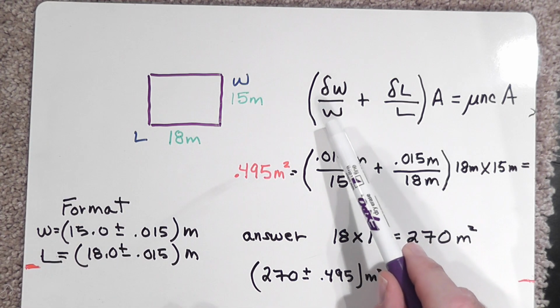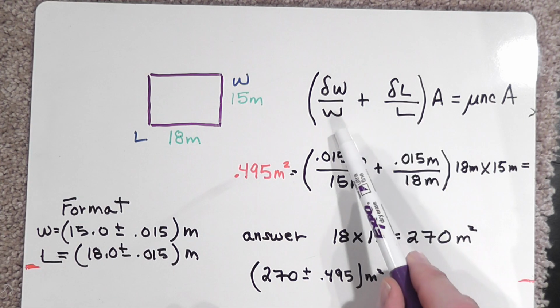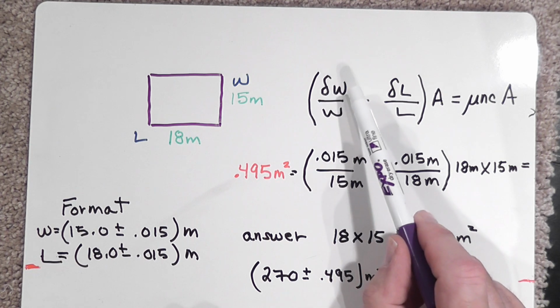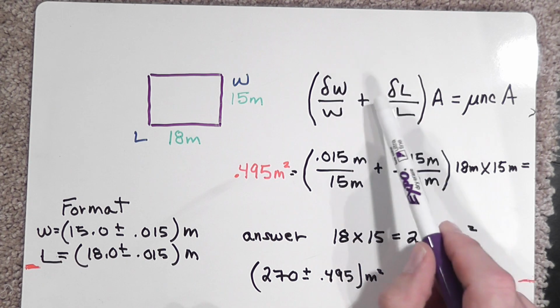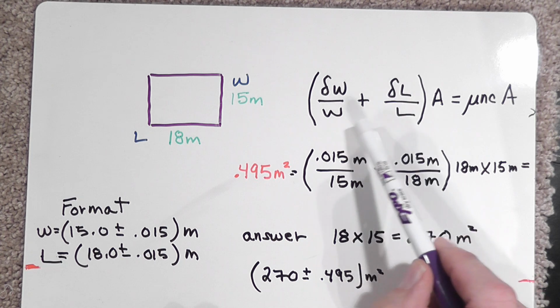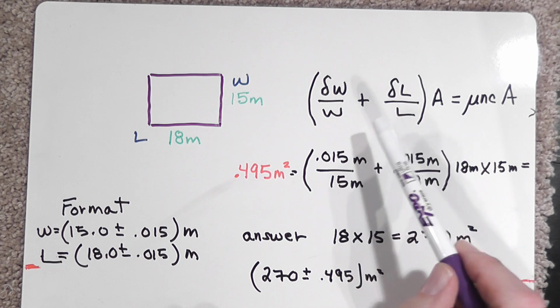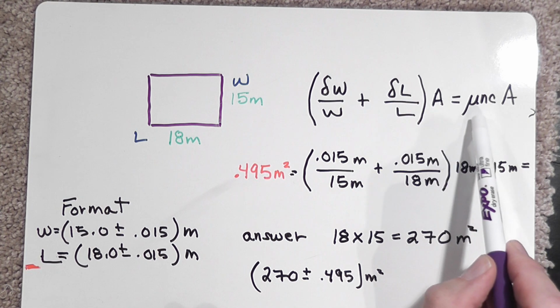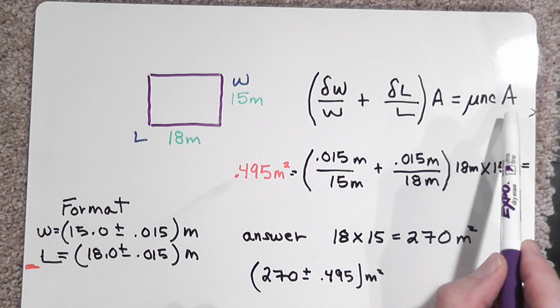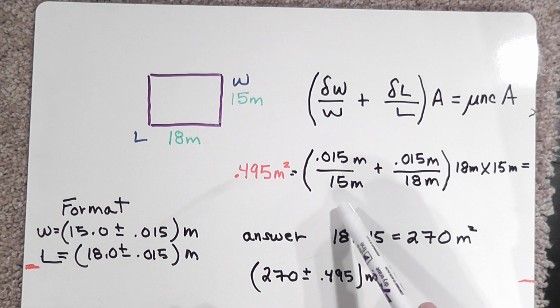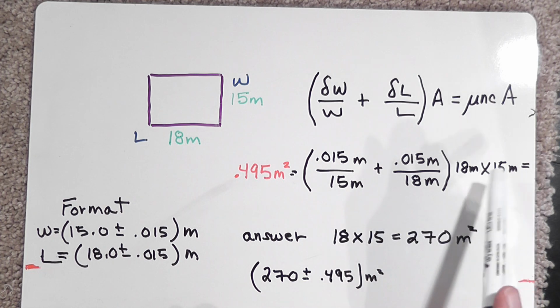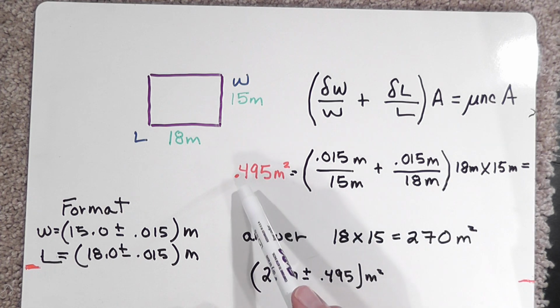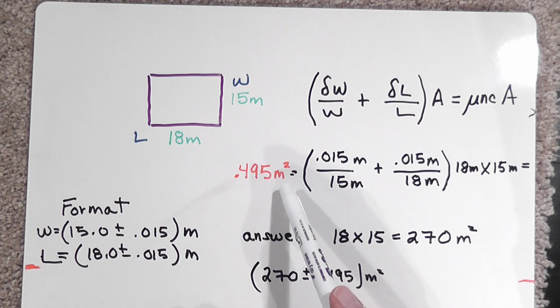So we use this formula right here. The delta width is the 0.015 for both, and then you divide by whatever that dimension is, times the area, which is equal to the uncertainty of the area. Plugging the numbers in, we get 0.495 square meters.